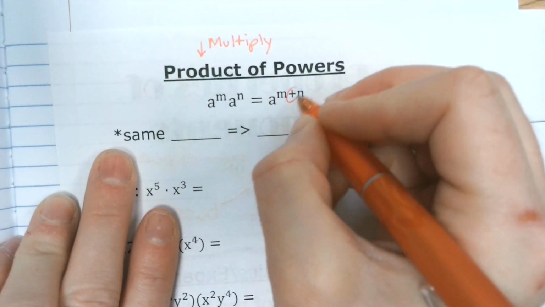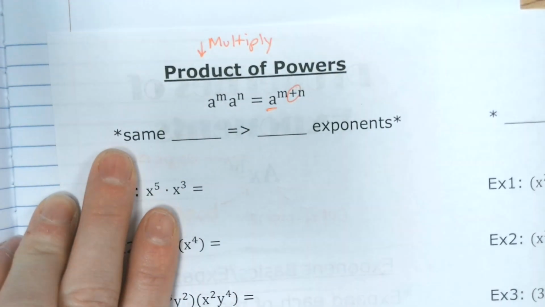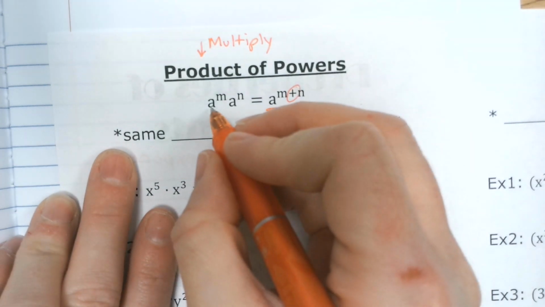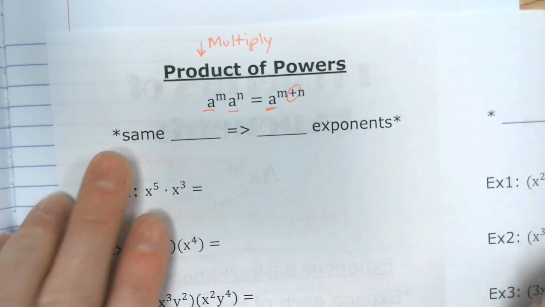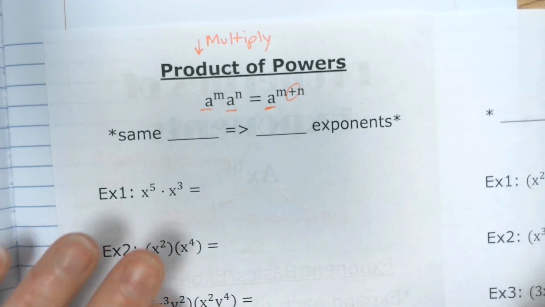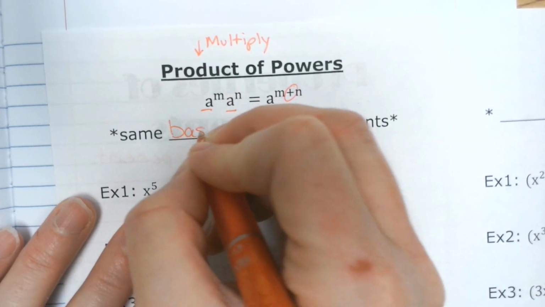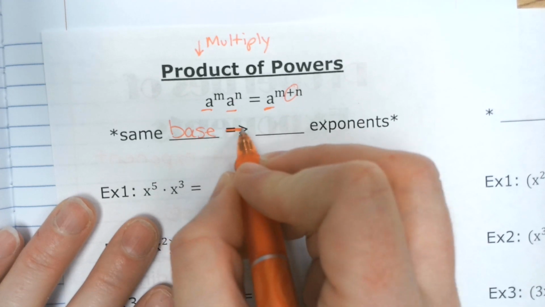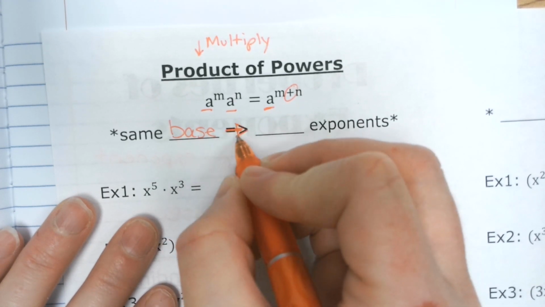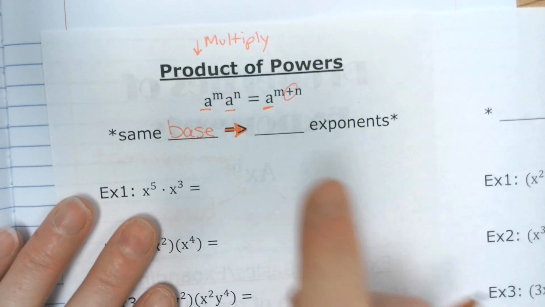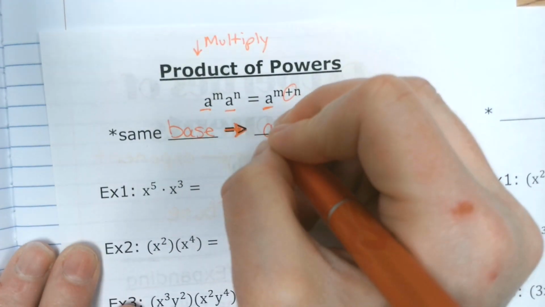See how we added those exponents, but we kept the same base? So we're going to write same base, and this is like an arrow. Same base means we are going to add the exponents.